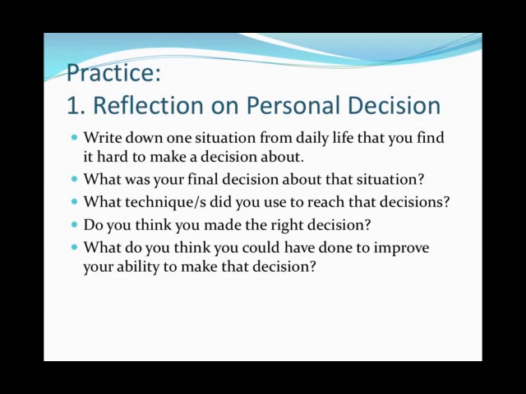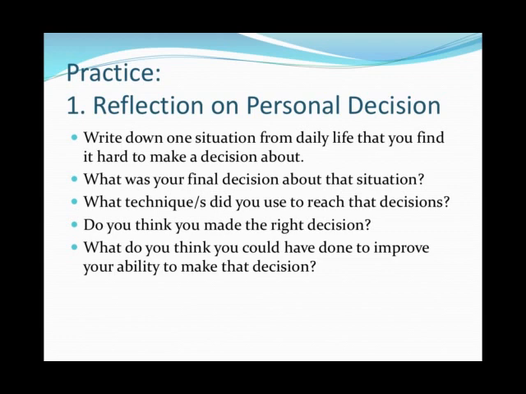It'd be nice if it was something a little bit deeper, like how much time to spend on studying, what college you chose, how much you decided to study for the Tawjihi, how you decide what friends you have and who you hang out with, and how you spend your time. Something about your daily life that sometimes it's hard for you to make a decision about.